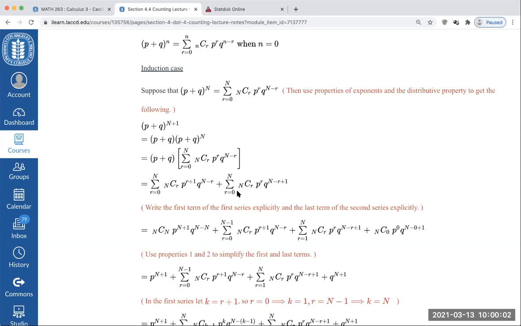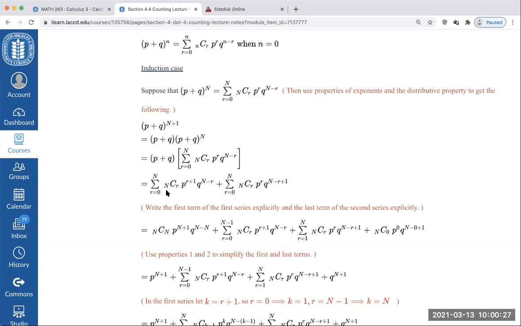So this is capital N C0, P to the 0, Q to the capital N minus 0 plus 1. And R here doesn't go from 0 to capital N, but since we wrote out the 0 term, it goes from 1 to capital N. So the sum R equaling 1 to capital N of capital N CR, P to the R, Q to the capital N minus R plus 1.